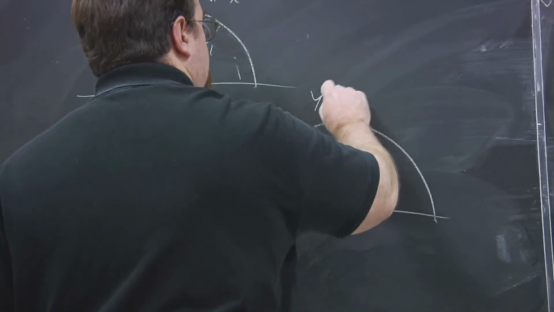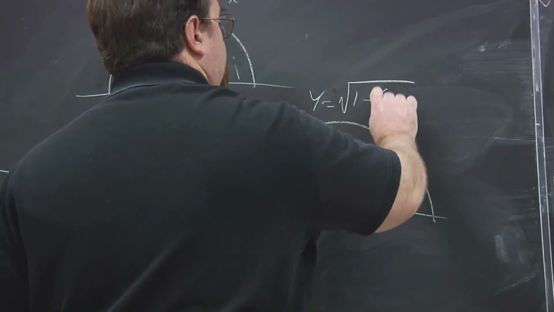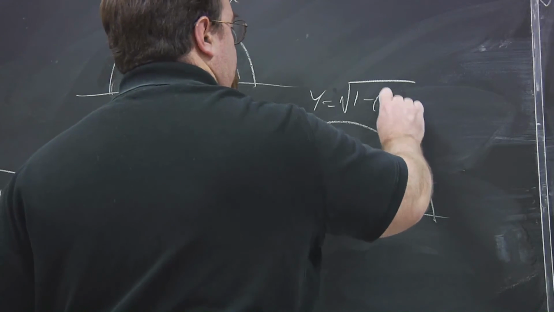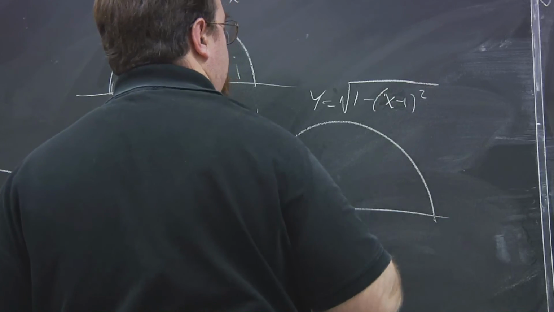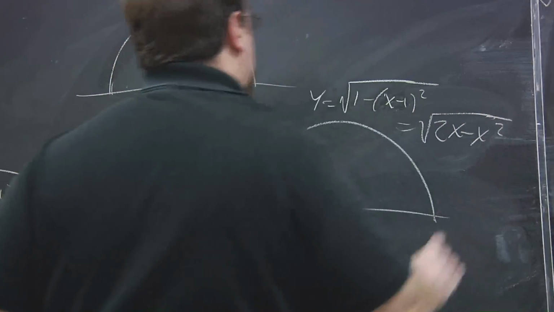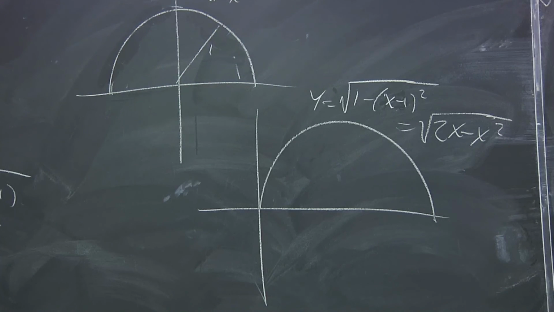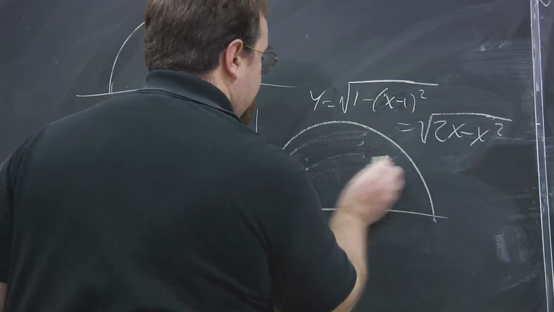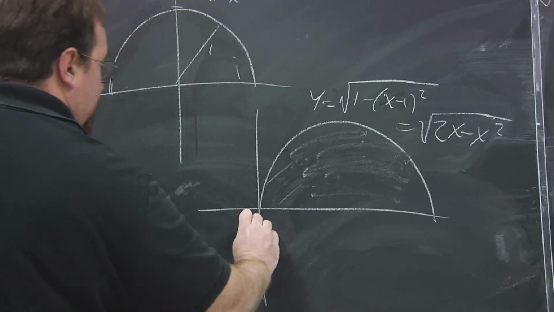So this is y equal to the square root of 1 minus x minus 1 squared, which is the same as 2x minus x squared. So now we see what region we're actually integrating over. It's this region, because x is going from 0 to 2.